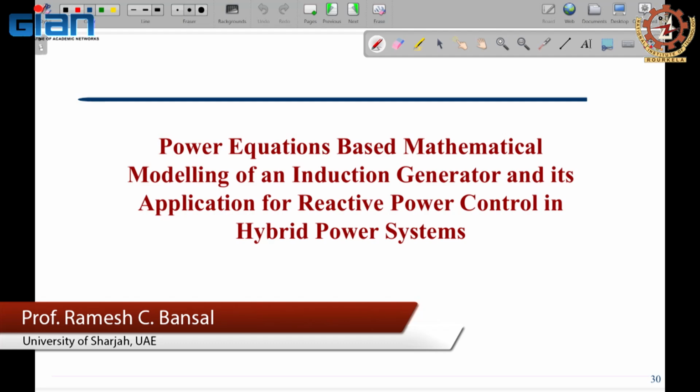But when we move to the power course in electrical engineering, we deal with power flow equations. So this modeling was developed not on KVL and KCL, but on power flow equations. I will go through it quickly just to give you a flavor of this important aspect: power-based equations for the mathematical modeling of the induction generator.